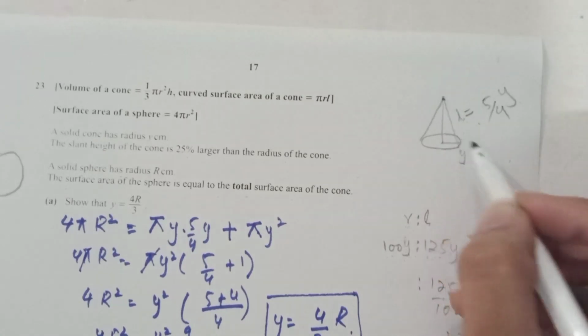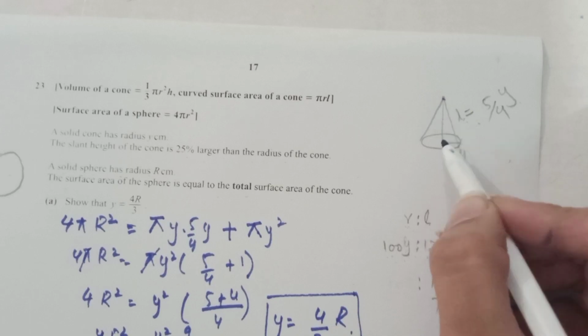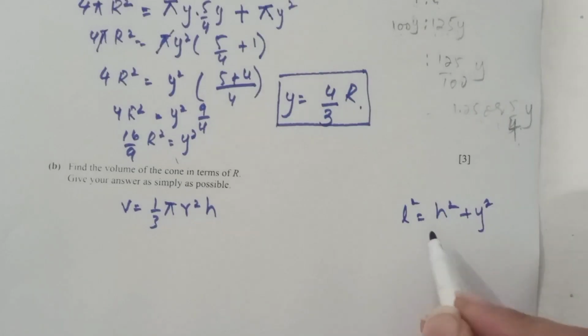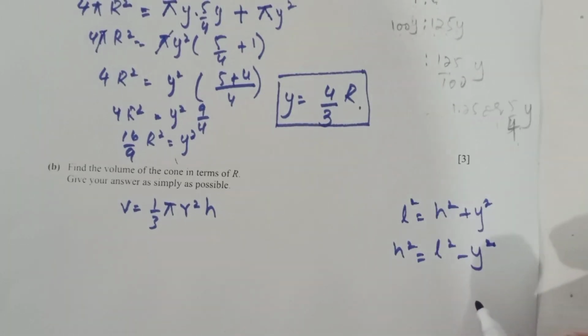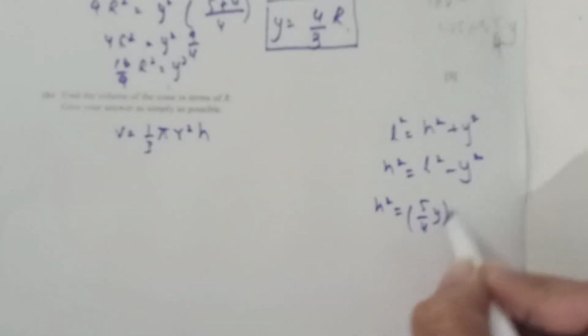We see that it is a right angle triangle, and by applying the Pythagoras theorem we find the value of h. You know that slant height L square is equal to h square plus y square, so h square is L square minus y square, and we know the L value is 5 by 4 y.